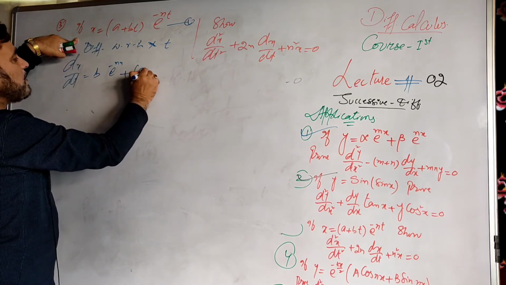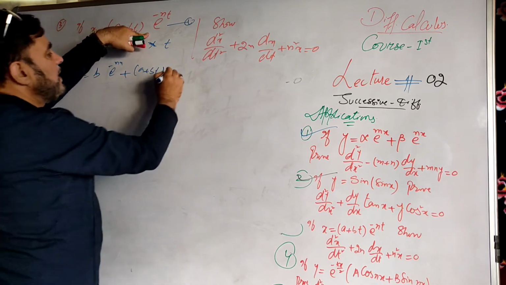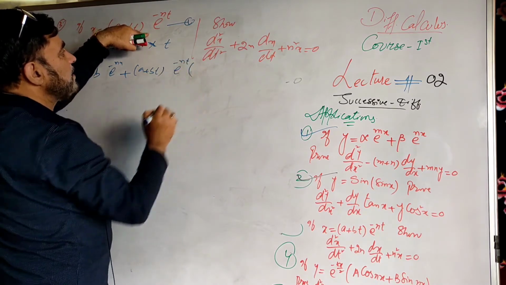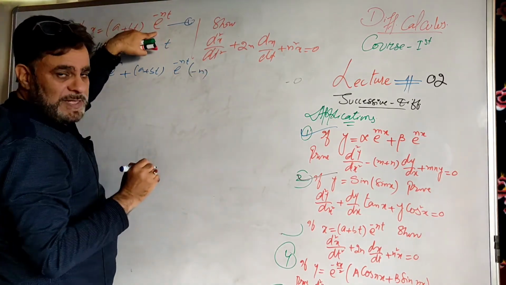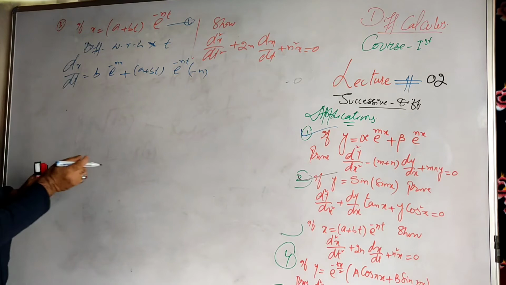Then plus a plus bt as it is, times the derivative of e raised power minus nt. It is e raised power minus nt as it is, times the derivative of the power with respect to t, which is minus n, and log of e to the base e is 1. You know.